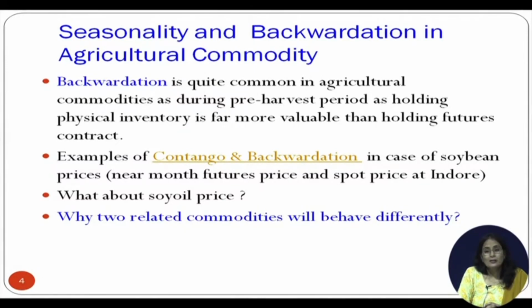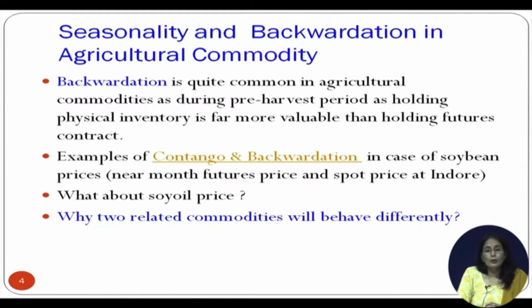So when we talk about the spot price of soybean, we normally refer to the spot price prevailing at Indore. This is the reason why I have considered the spot price prevailing at Indore and the NCDEX futures price on soybean.